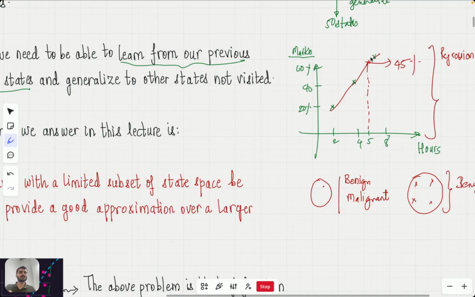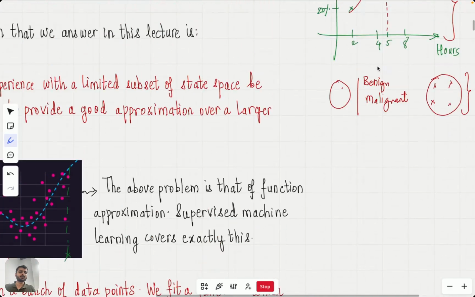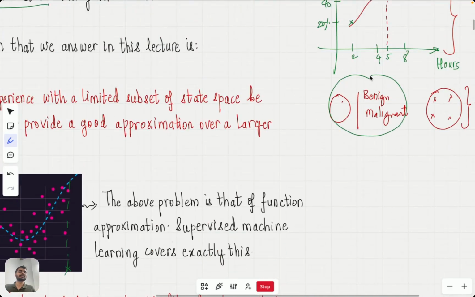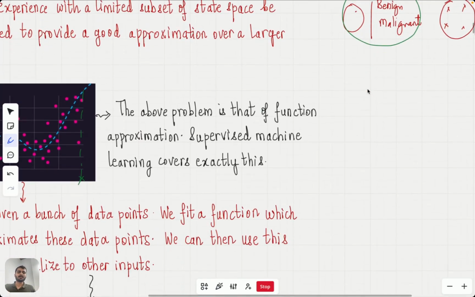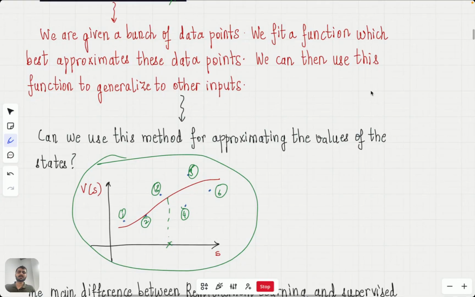We know the value, it's 20% for 2 hours, it's 40% for 4 hours, and it's 60% for 8 hours. Even here we know the target function, it's either benign or malignant. The problem in reinforcement learning problems is that you do not know the value functions of the states before you solve the problem. You only know the value function of the states when the agent has interacted with the environment so many number of times.